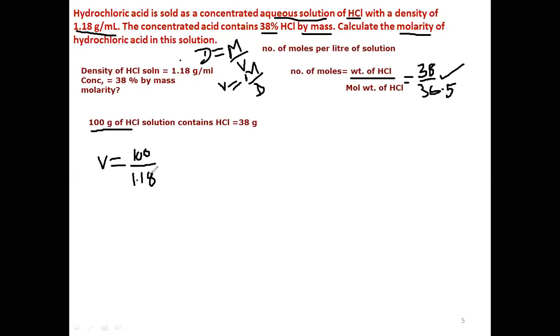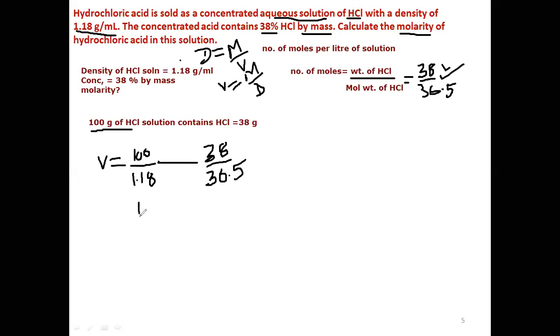Now we will apply the unitary method. This much volume contains this many moles of HCl. So this volume, 100 divided by 1.18, contains 38 divided by 36.5 moles of HCl.